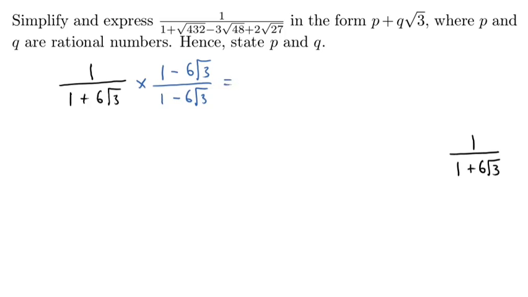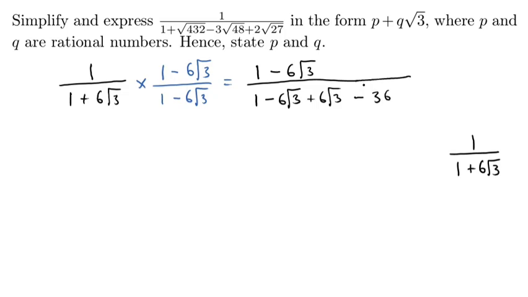Now let's do the expanding, the multiplying. 1 times 1 is 1. 1 times 6 root 3 is 6 root 3. Denominator, 1 times 1 is 1. 1 times 6 root 3 is negative 6 root 3. 6 root 3 times 1 is 6 root 3. Then 6 root 3 times 6 root 3 will be 6 times 6 is 36, then root 3 times root 3 is 3.